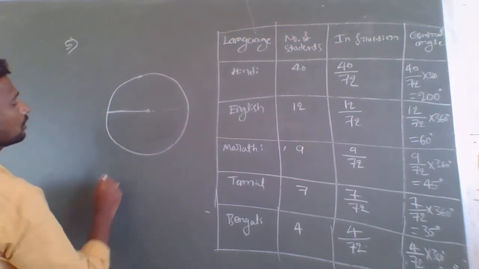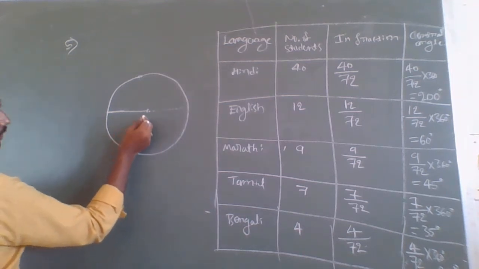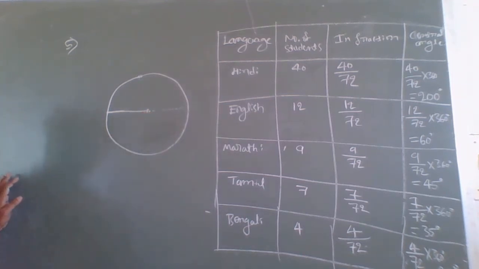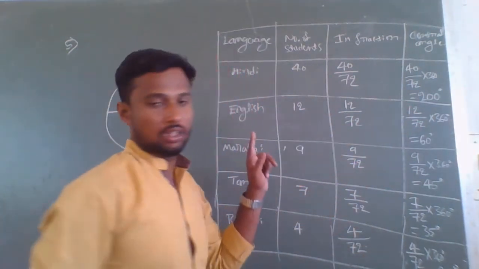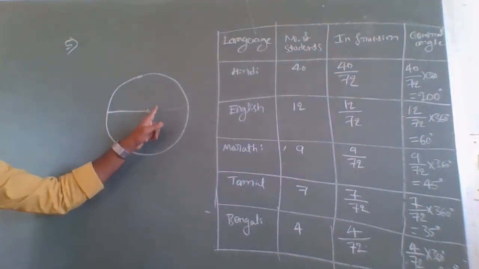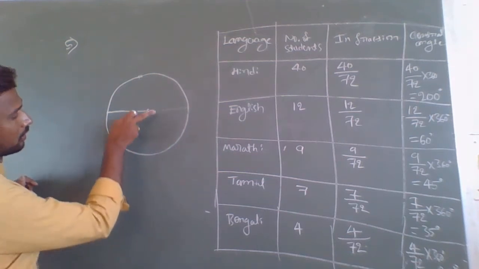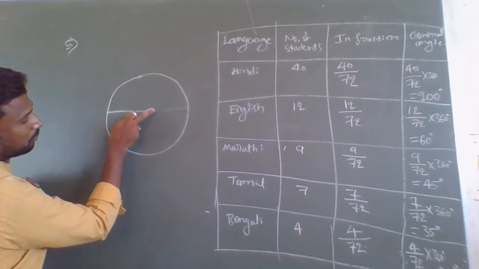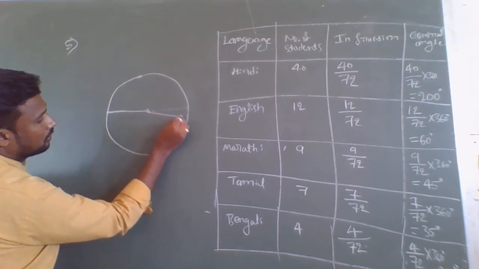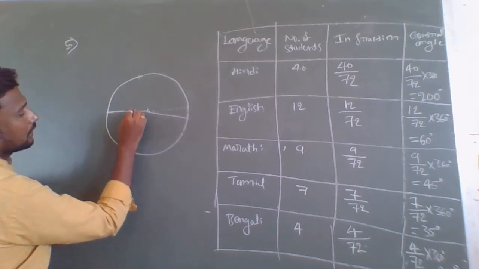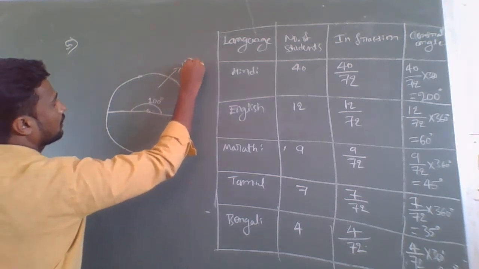First mark 180 degree, and from this dotted line consider another 20 degree, because 180 plus 20 is 200. Place the protractor on this line and mark 20 degree. So 180 plus 20, the total angle is 200 degree. This is for Hindi.